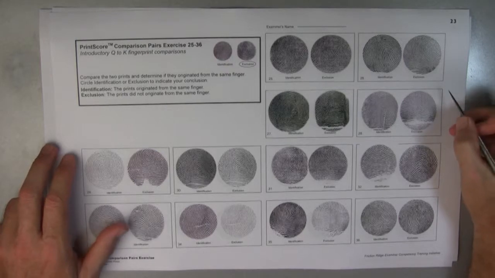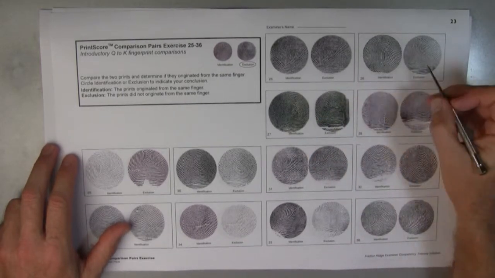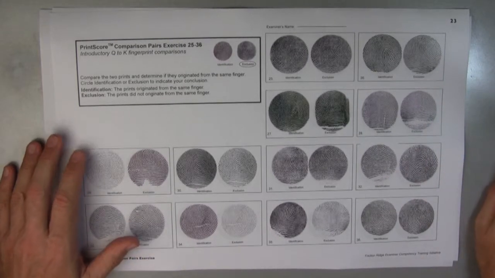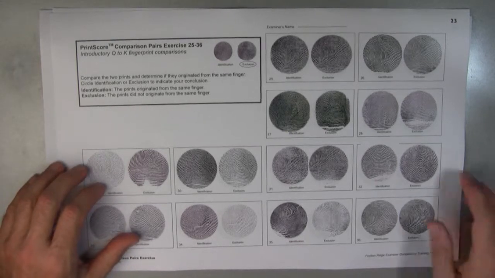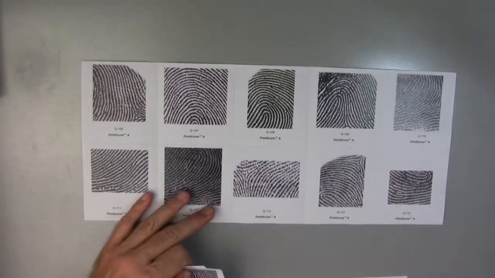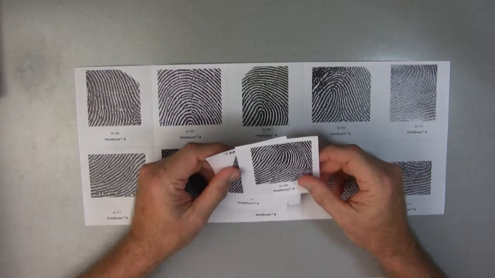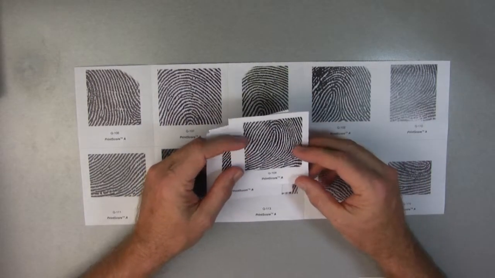And certainly, if you want to mark ridge features on these, you can write on them in any manner that would help you to remember your identification. And these will be submitted to me also. I'm going to go over PrintScore A, B, C, D, and E real quickly just by looking at PrintScore A, because they're all the same.